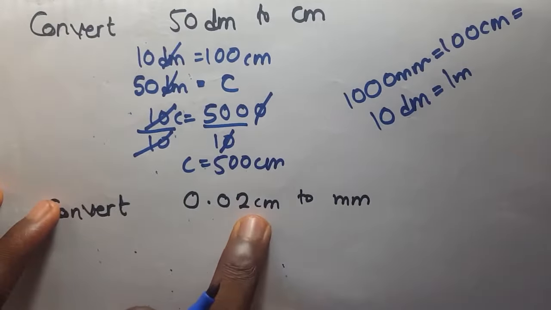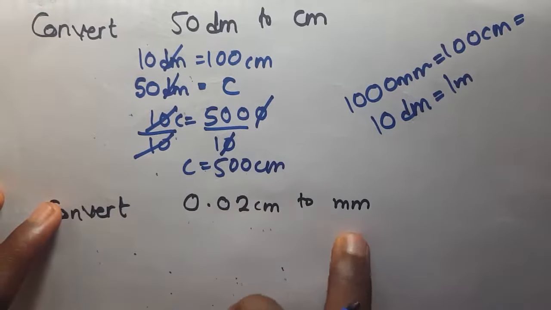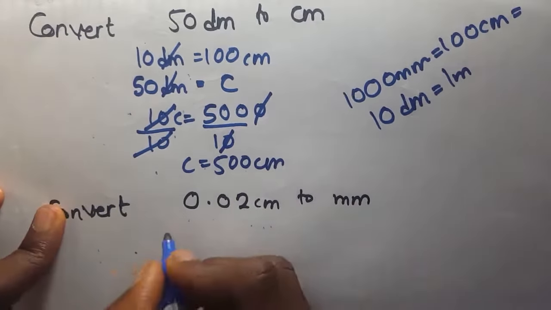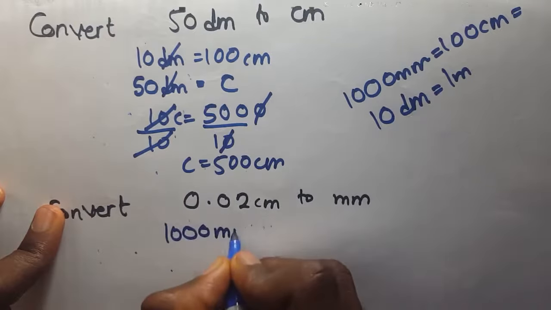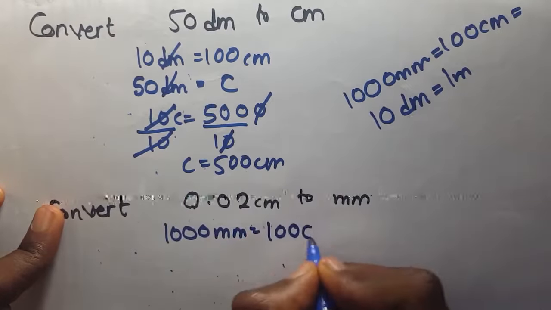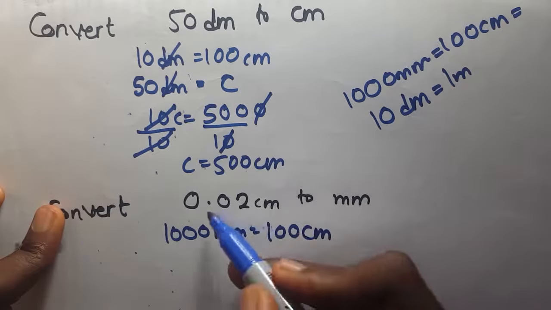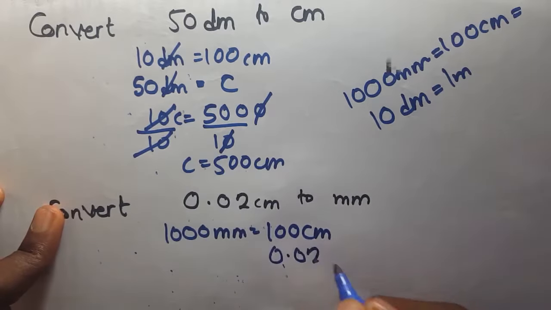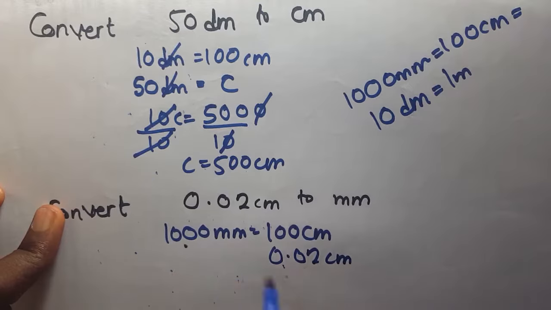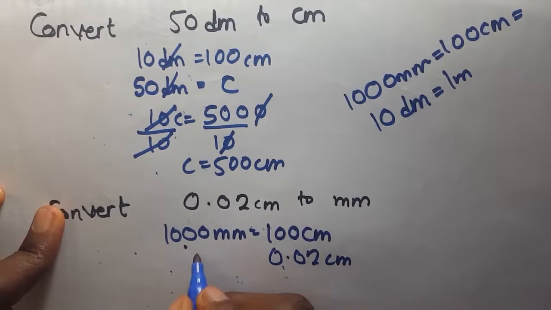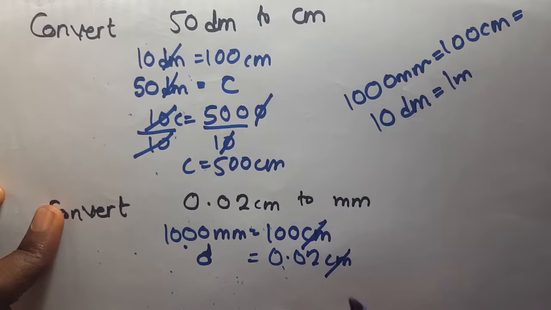Now you have 0.02 centimeters to meters. 1000 millimeters equals 100 centimeters. So for 0.02, you put centimeter under centimeter, 0.02 centimeters. We don't know, so let's represent it with D. Centimeter cancels centimeter. Cross multiplication, we are going to have 100D equals 0.02 times 1000.